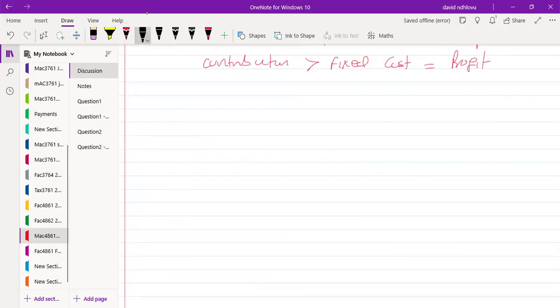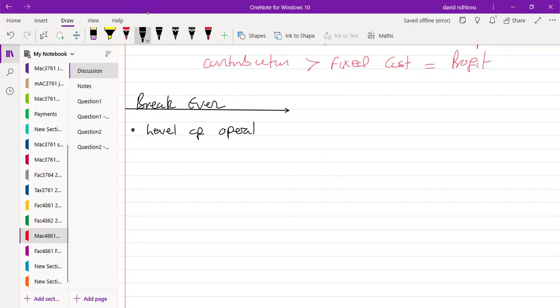Then we have the break-even calculation. What is the break-even, good people? What is break-even? This is the level of operation or sales that results in neither a profit nor a loss.